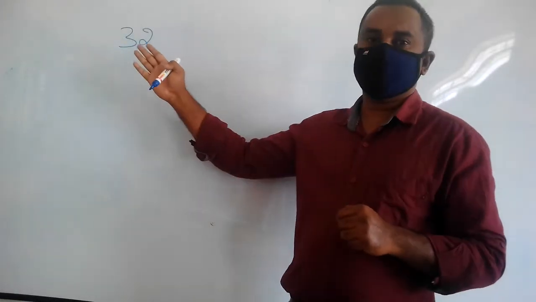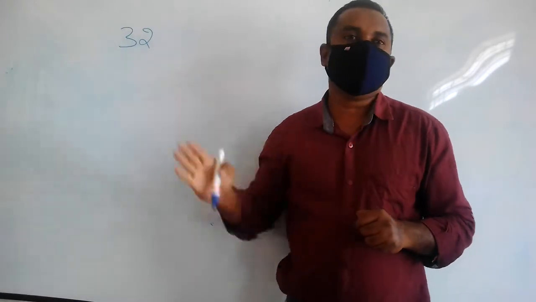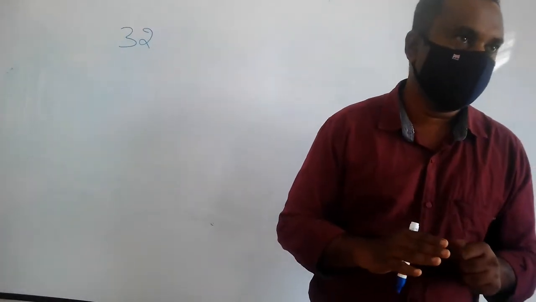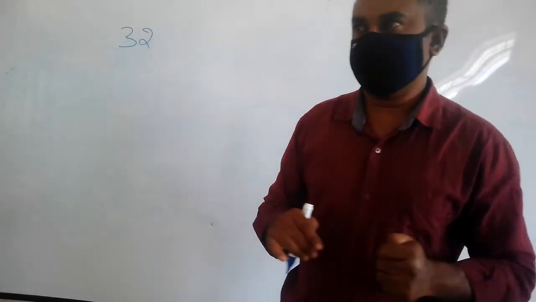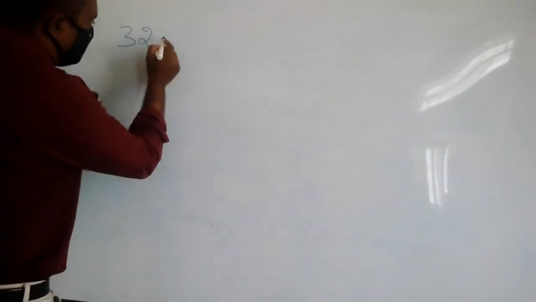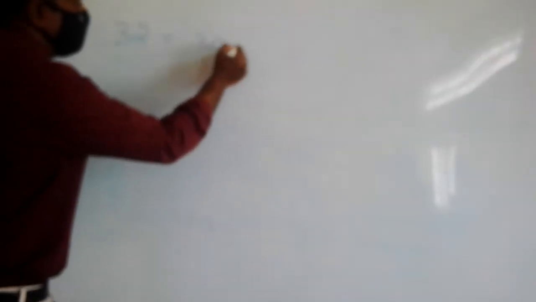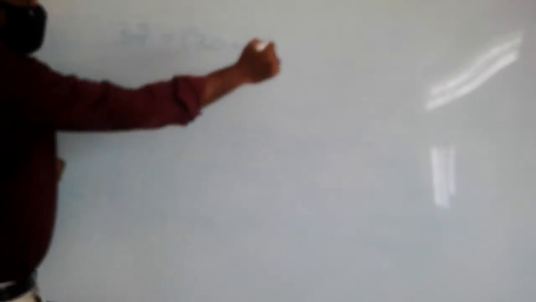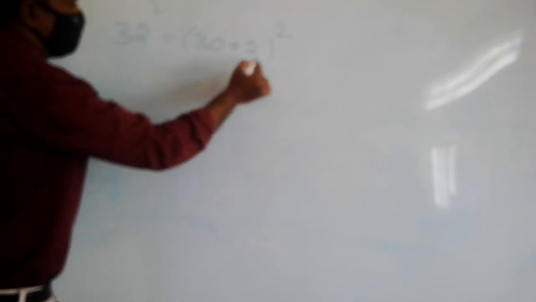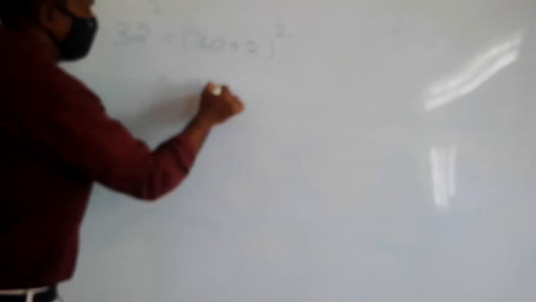Now I will explain how to find the square of 32 by using algebraic identities. I will split 32 as 30 plus 2, and make the square. It is in the form of a plus b whole square, where a means 30 and b means 2.